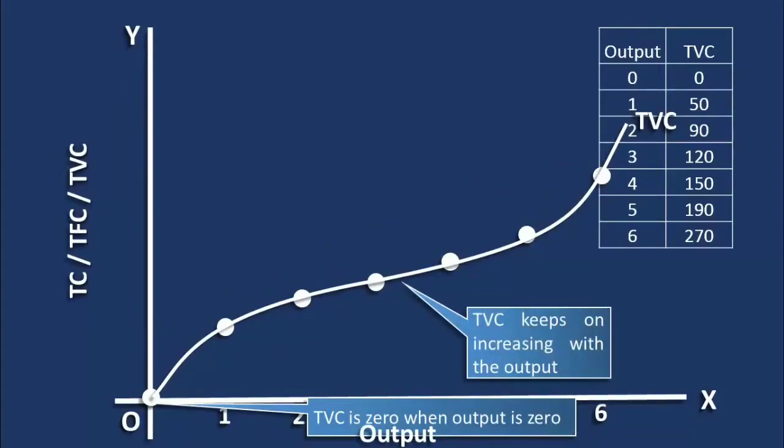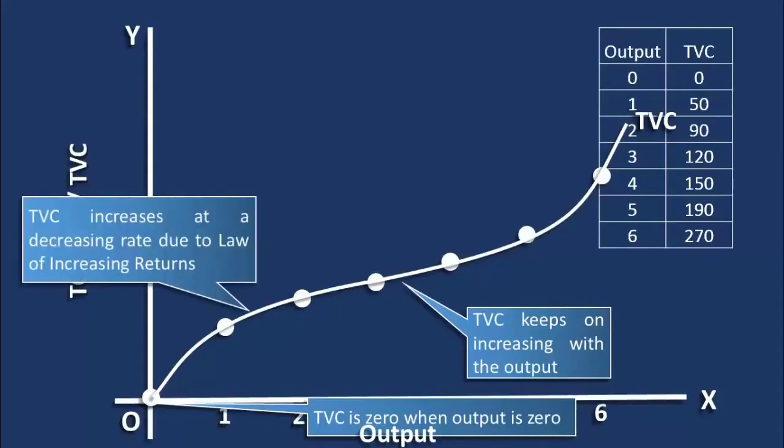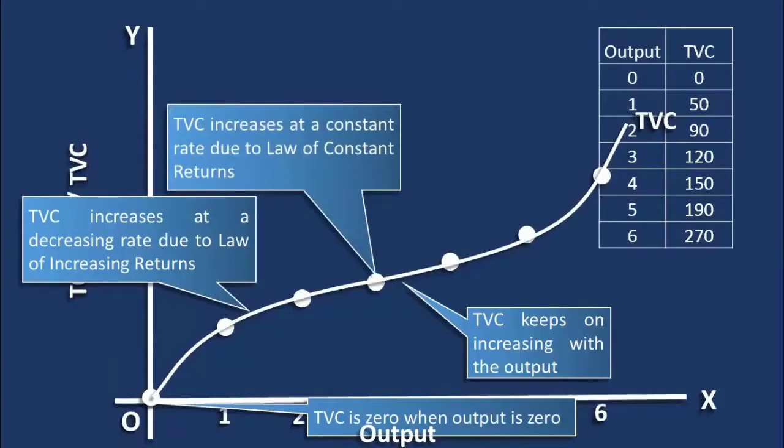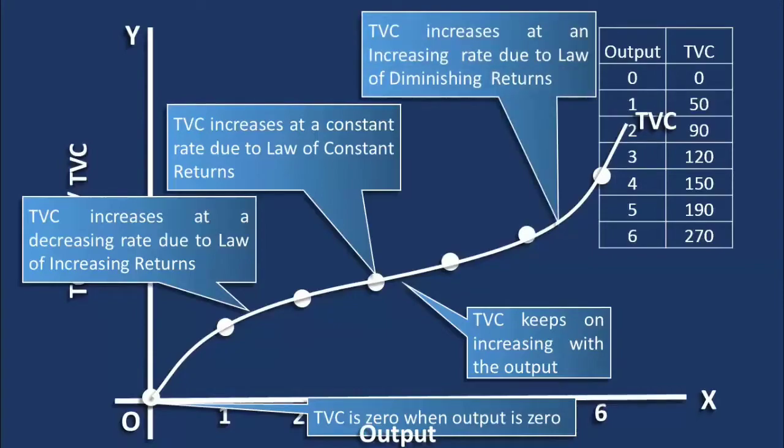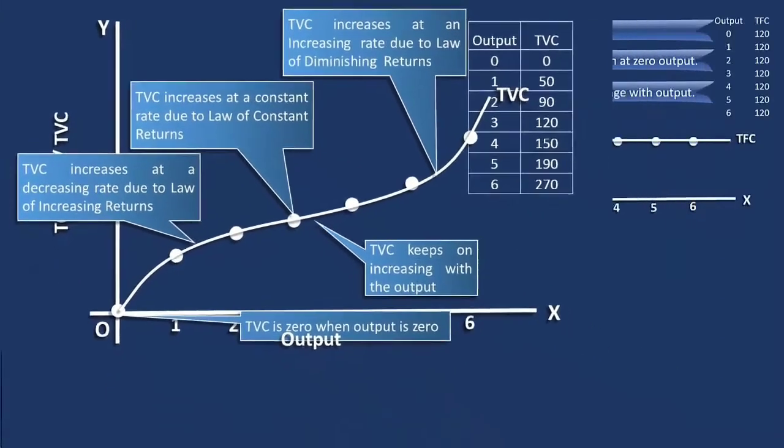TVC keeps on increasing with the output. TVC keeps on increasing at decreasing rate due to law of increasing returns. TVC increases at constant rate due to law of constant returns. And TVC increases at an increasing rate due to law of diminishing returns. Hence, the curve is concave upwards.